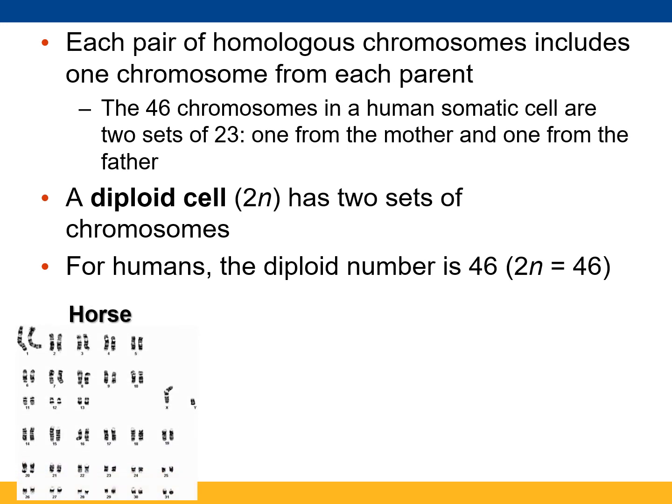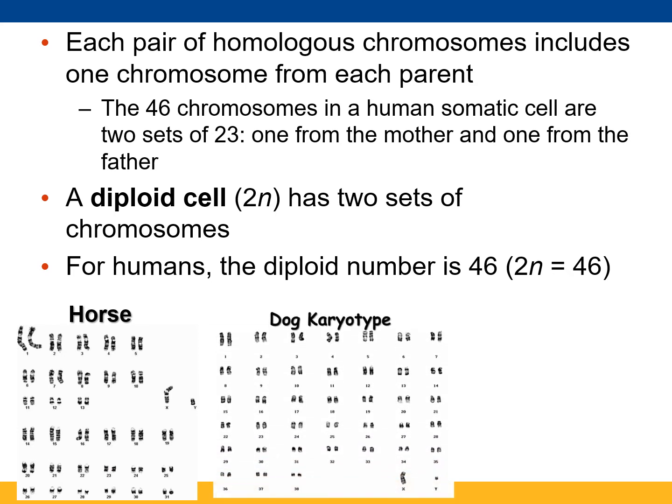For instance, in a horse, it's actually 32, so they have 64 chromosomes. In the case of a dog, it's 39 pairs, so 78 chromosomes. The frog is a little bit less than that. They have 11 pairs, so 22 chromosomes. So 2N for the frog would be 2 times 11, and 2N for the dog would be 2 times 39, and so forth.